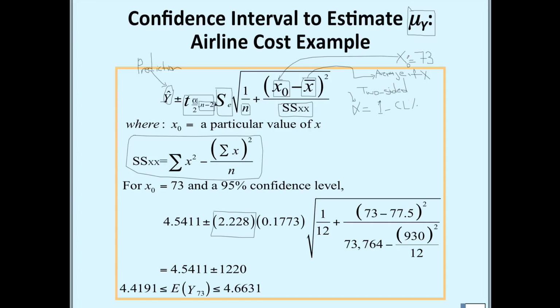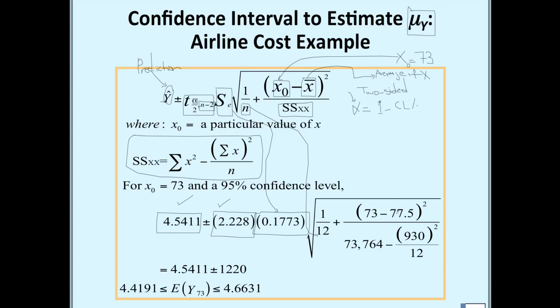Our prediction for 73, based on our previous slide, was 4.5411. So that is okay. SE, I've already asked you to write it down. We already have that. It is 0.177. N is 12. We just replace it. X0, I showed you, is 73.